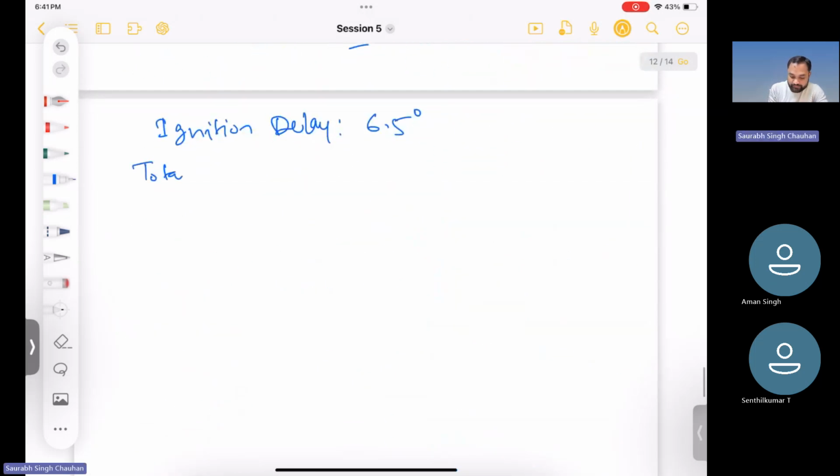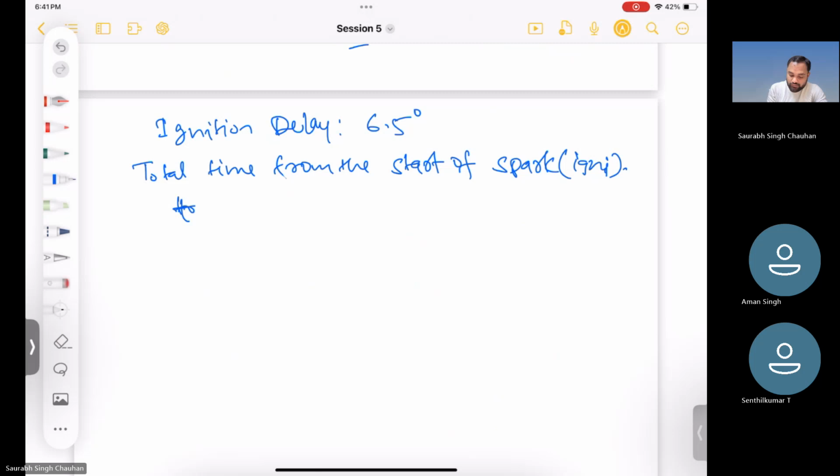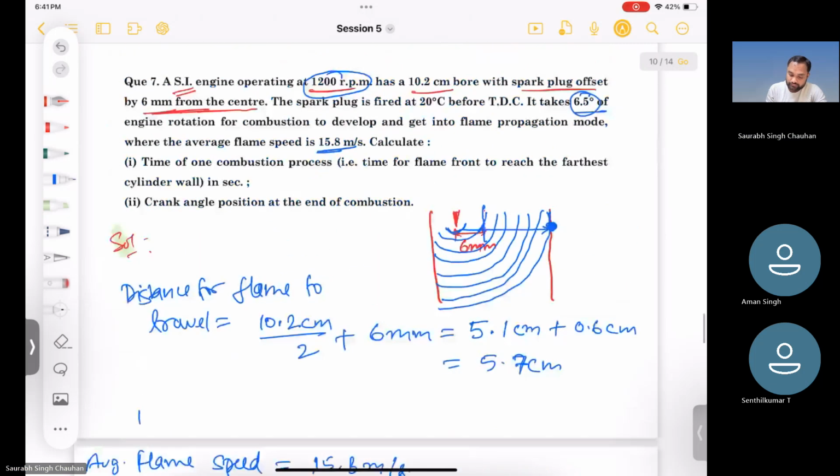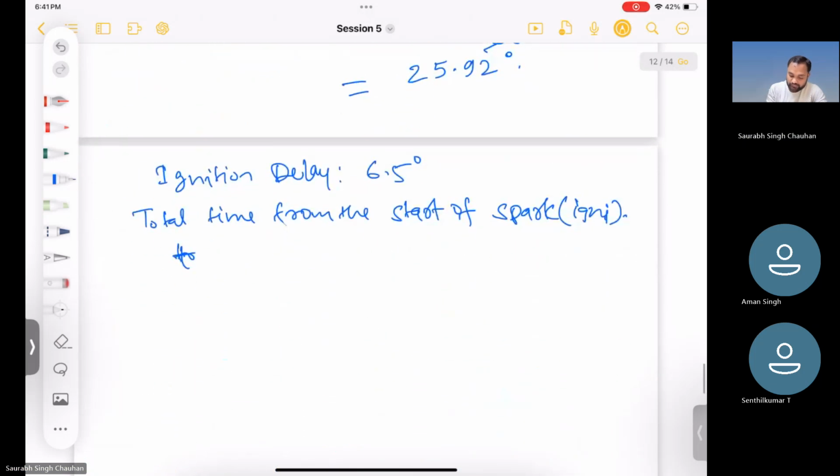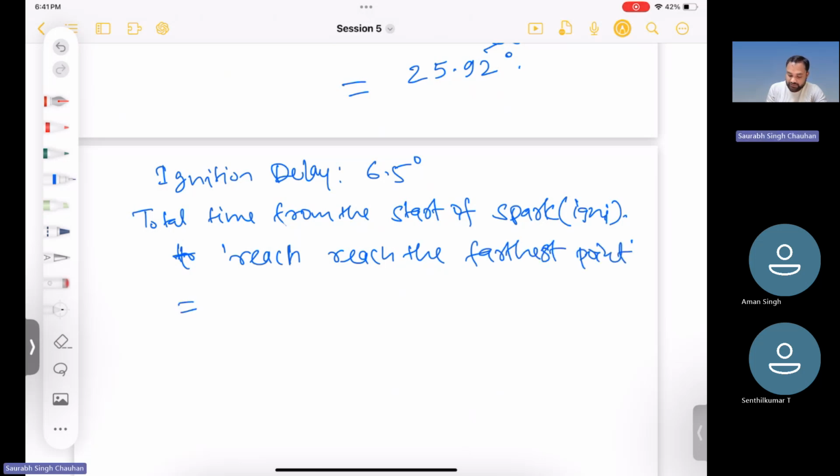So the total time from the start of spark or ignition to reach the farthest point will be 6.5 plus 25.92.